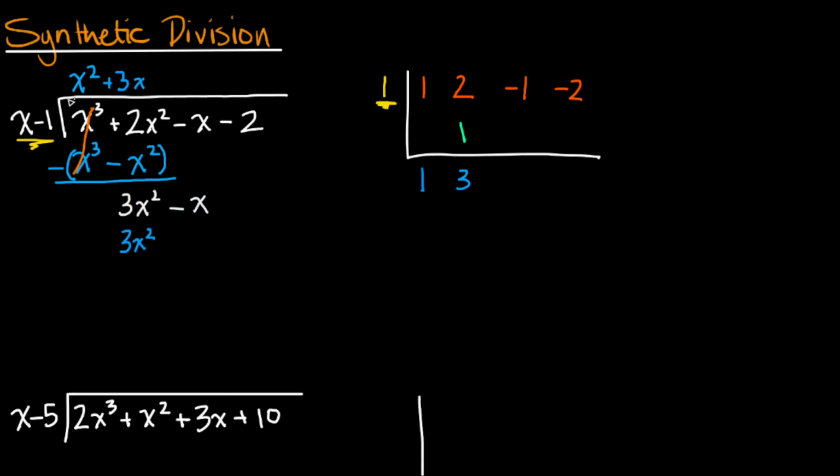Then we multiply 3x times negative 1 and we get minus 3x. We then subtract everything. And we are left with negative x plus 3x, which results in 2x.